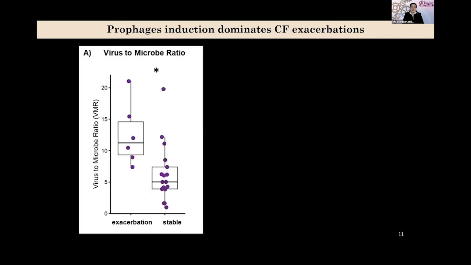And we think that these prophages are active inside the CF lung during exacerbations, because when we count the number of viruses per each bacteria, in the stable cases the virus to microbe ratio is around 5, but in the exacerbation cases, these numbers go up. So it could mean two things.